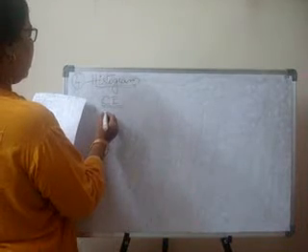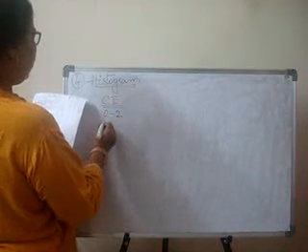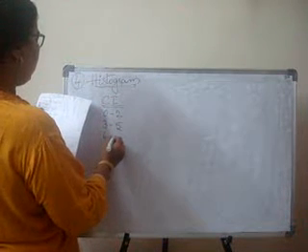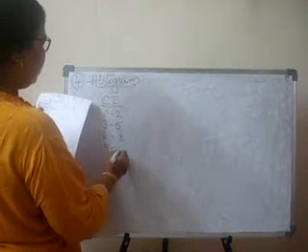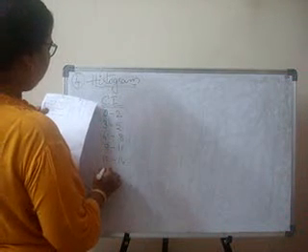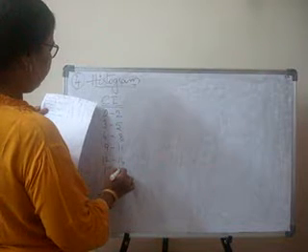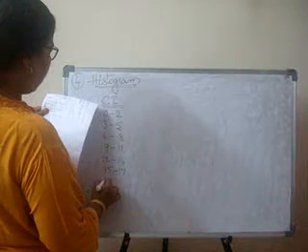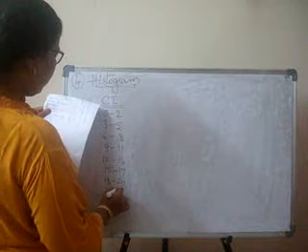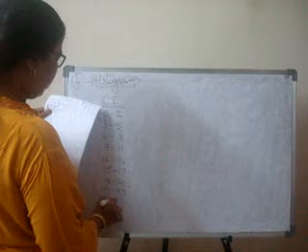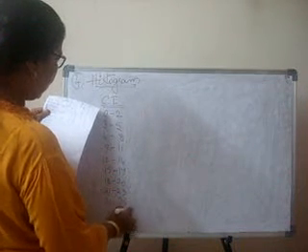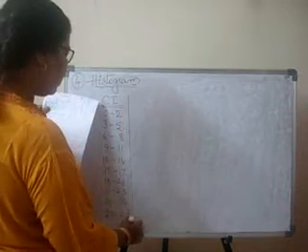So, class intervals: 0 to 2, 3 to 5, 6 to 8, 9 to 11, 12 to 14, 15 to 17, 18 to 20, 21 to 23, 24 to 26, 27 to 29.